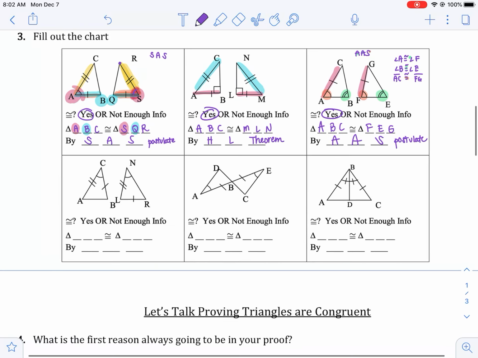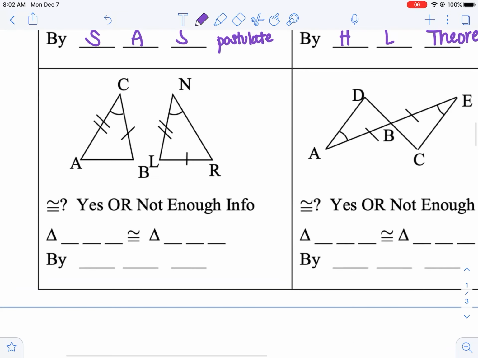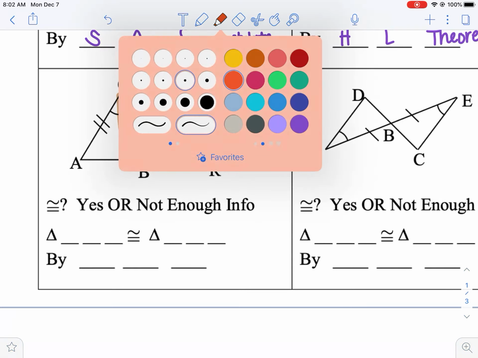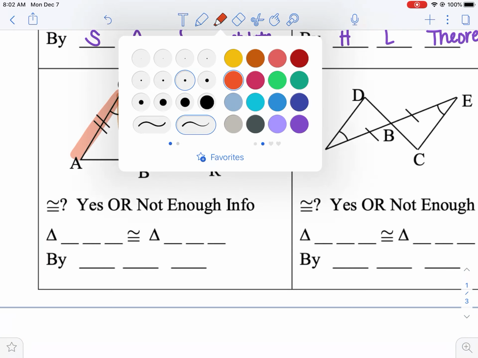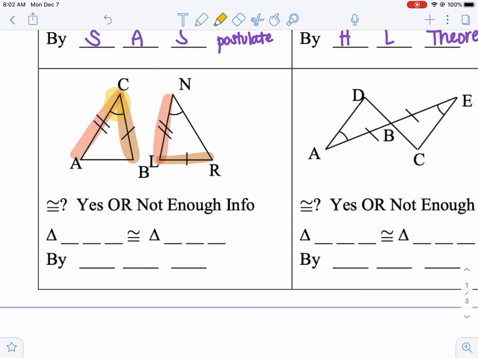Next up, I should be circling yes in all of these. Let's take a look. It says that this side is congruent to this side, this side is congruent to this side, and that this angle is congruent to this angle.